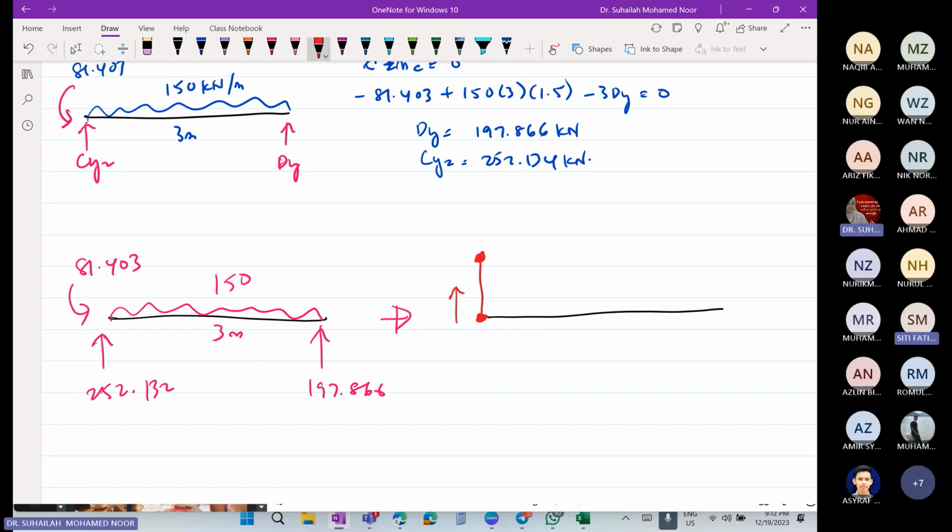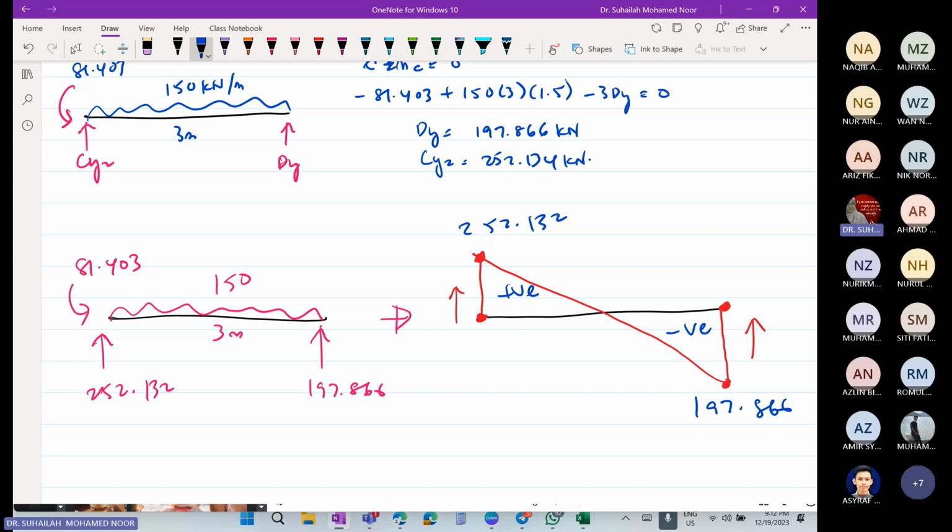And the end point is 197.866. We have to draw like this, and this is the point. Join this with a straight line. This is positive, this is negative. The value is 252.134 and 197.866.